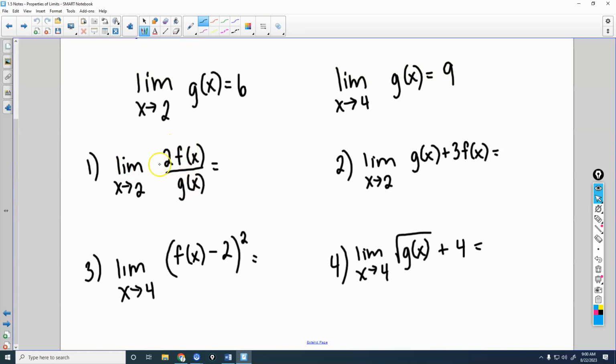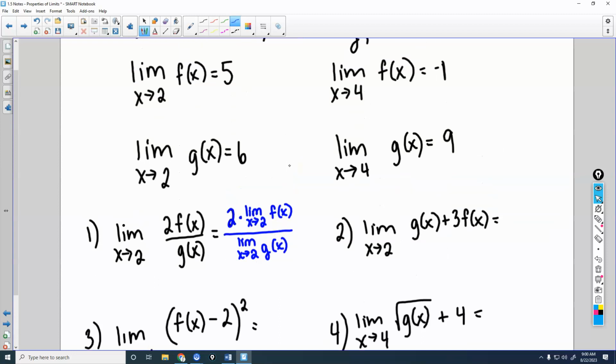This coefficient right here, I can pull it out. So it would be 2 times the limit as x approaches 2 of f of x divided by the limit as x approaches 2 of g of x.